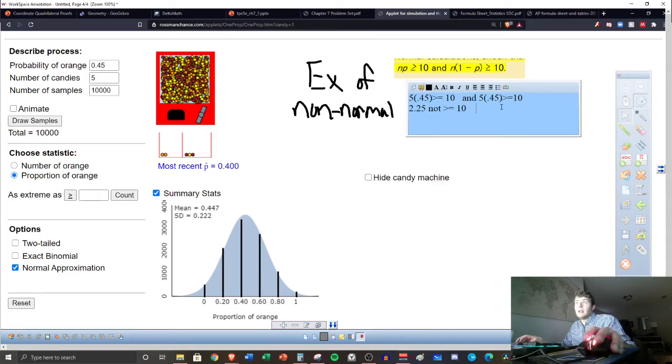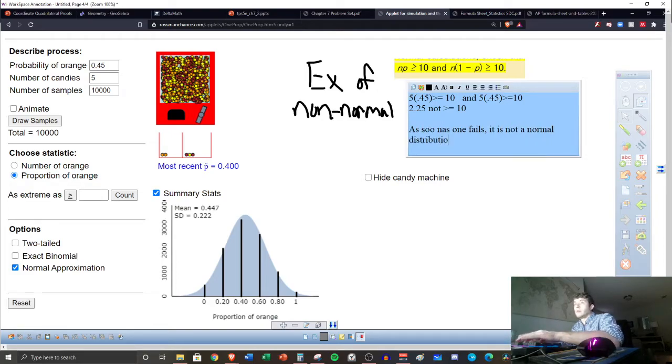And as soon as one fails, so we'll write this: as soon as one fails, it is not a normal distribution. You don't have to even check the other one. As soon as one of these requirements doesn't work, you have shown that it's not a normal distribution.